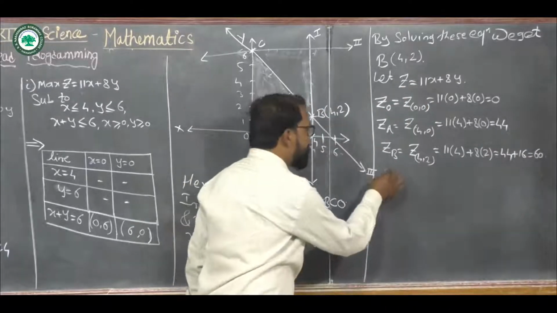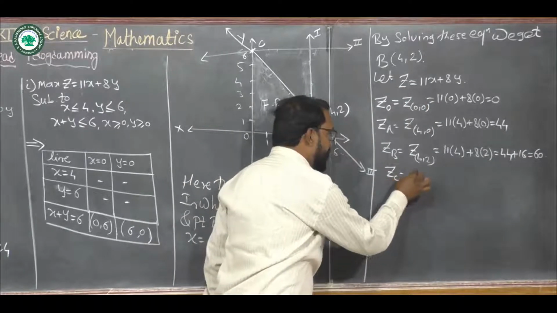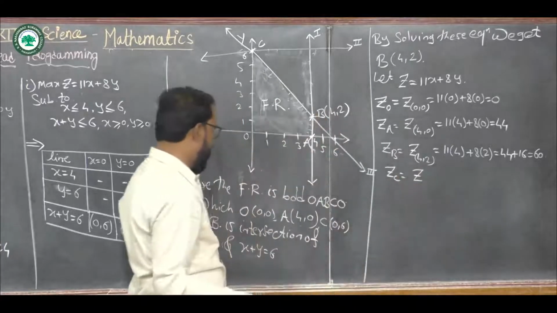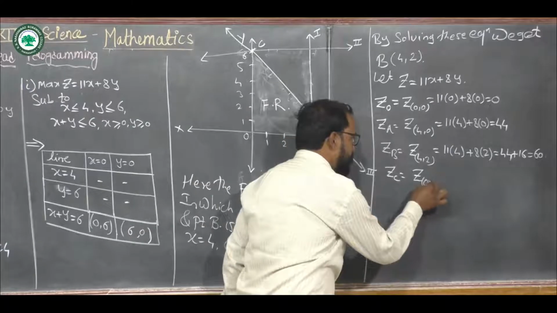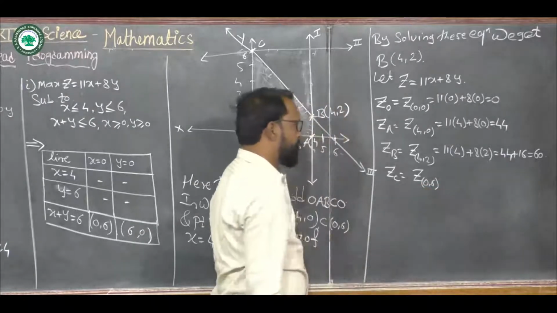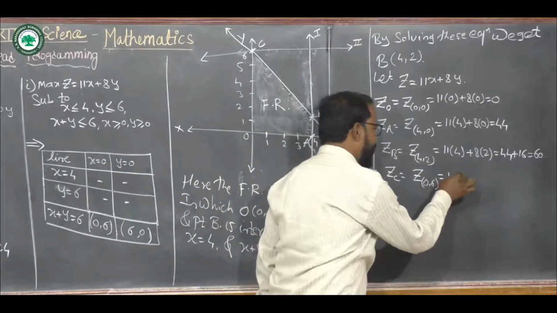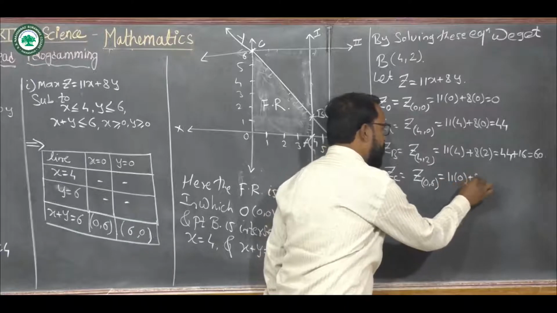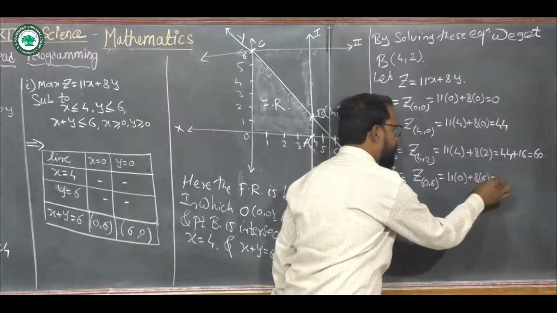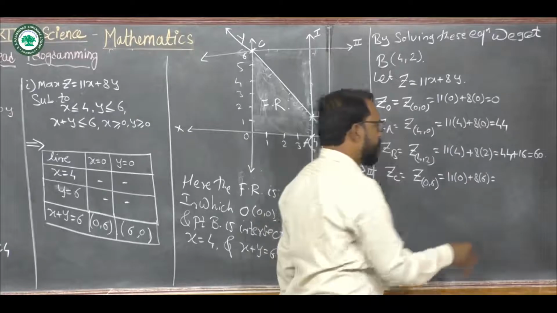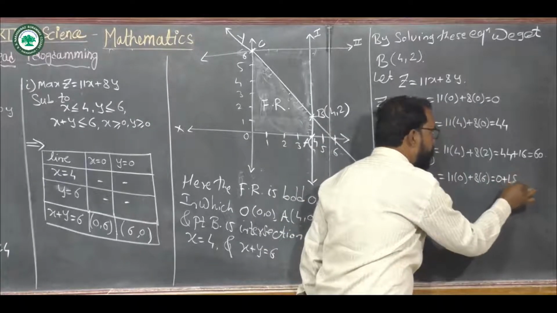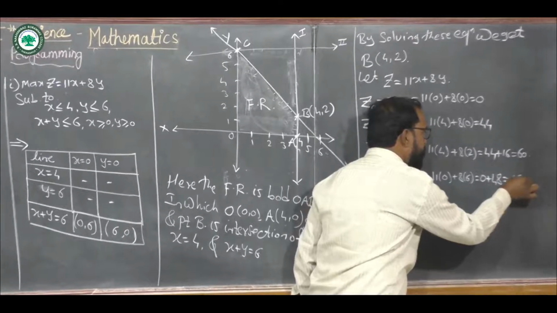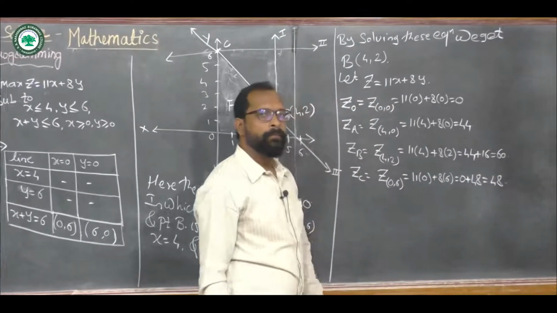And last is z at C, where the coordinates of C are 0, 6. So z at 0, 6 is 11 into 0 plus 8 into 6, that is 0 plus 48, which equals 48.